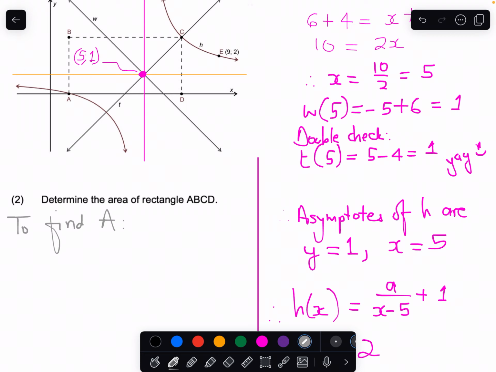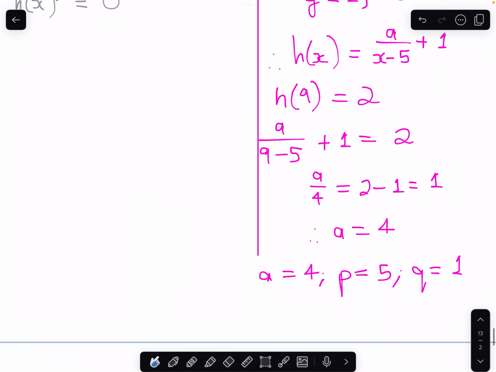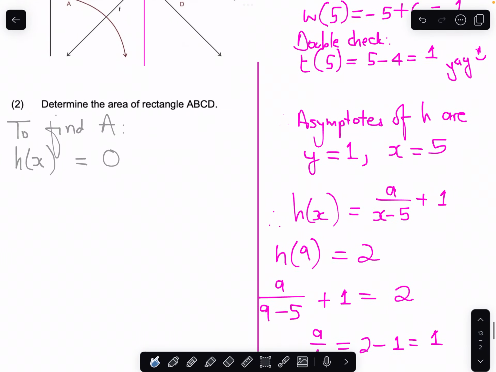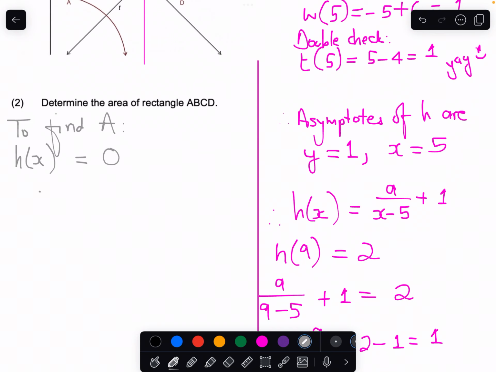We're looking for where h(x) is equal to 0. I promptly forgot all the numbers: 4, 5, and 1. So 4 over (x - 5) plus 1 needs to give me 0. And of course, x can't be equal to 5.